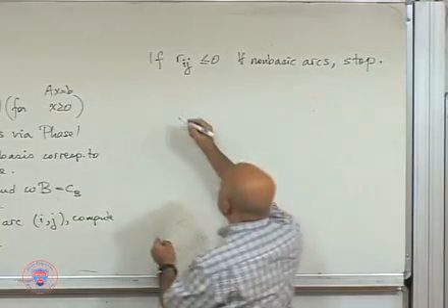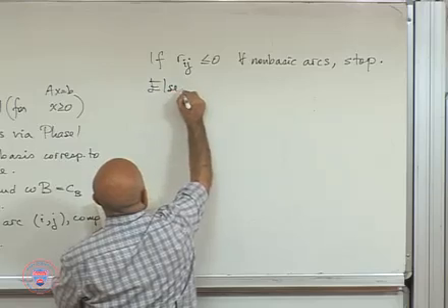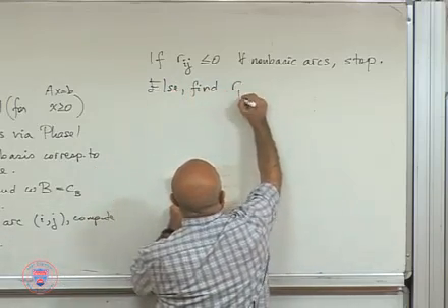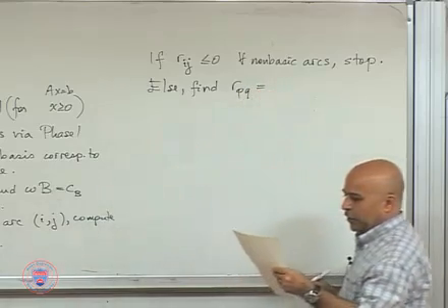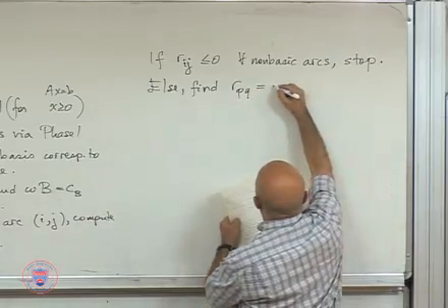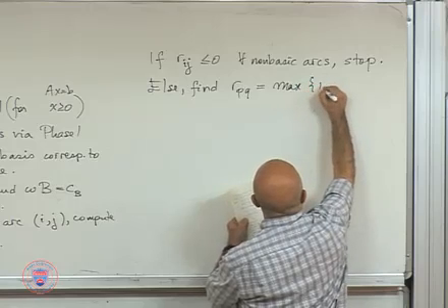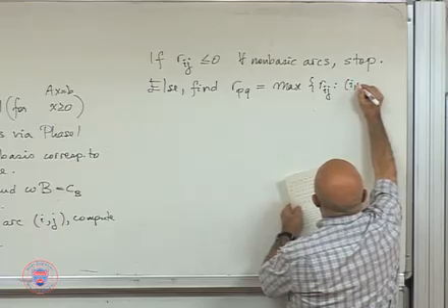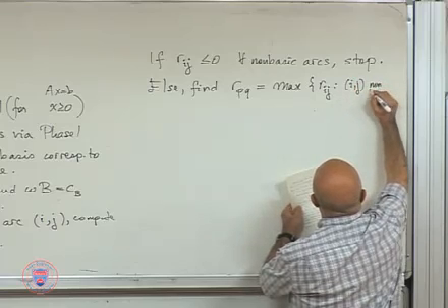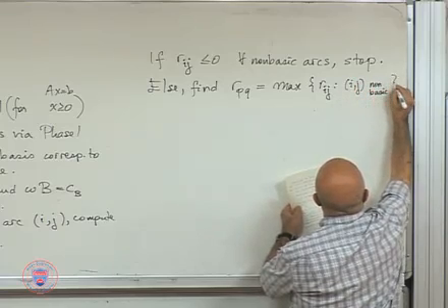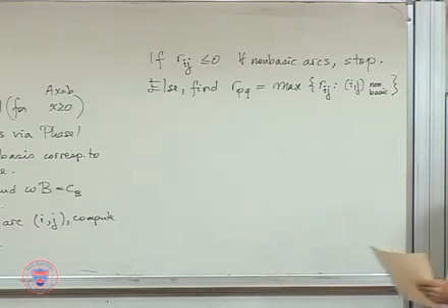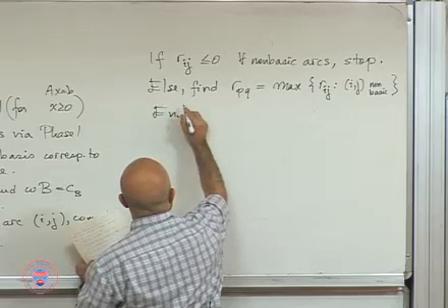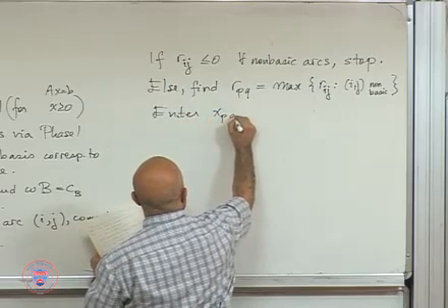Else, we find an arc PQ where RPQ, the reduced cost for that arc, is the maximum of the Rij's over the non-basic arcs, and enter the variable xpq.